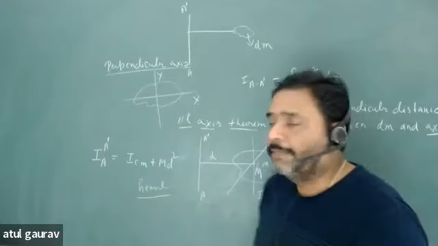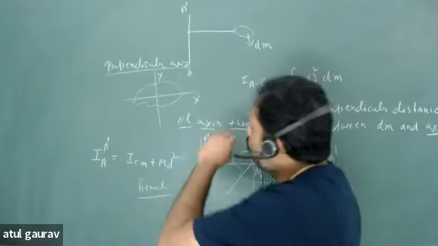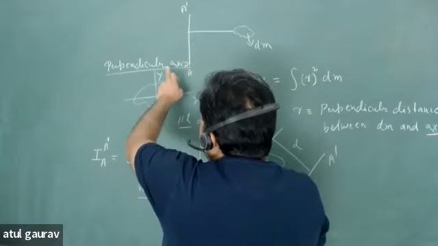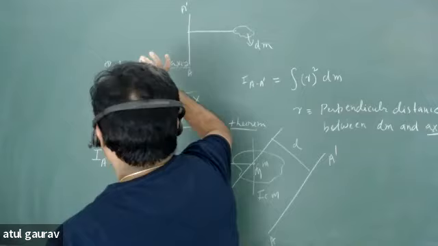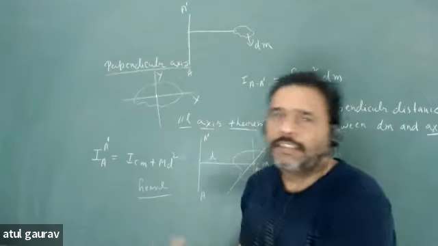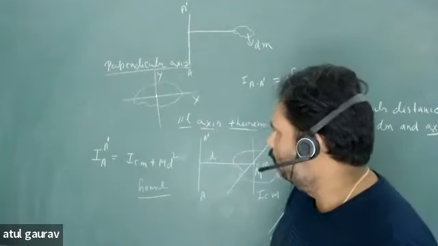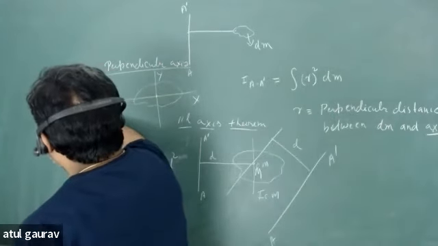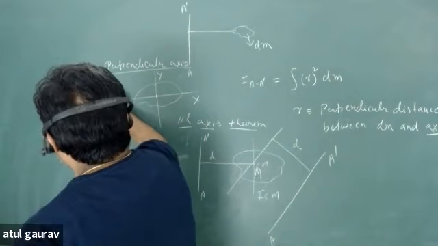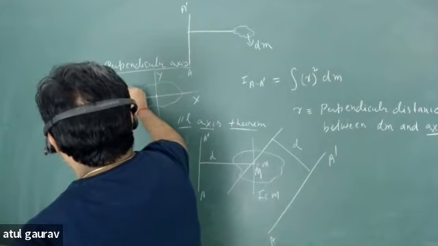This is not for 3-dimensional. So this is x-axis, this is y-axis, and you can assume the origin is at the center of mass. In general, we choose the origin at the center of mass. Then we can find Iz is equal to Ix plus Iy.